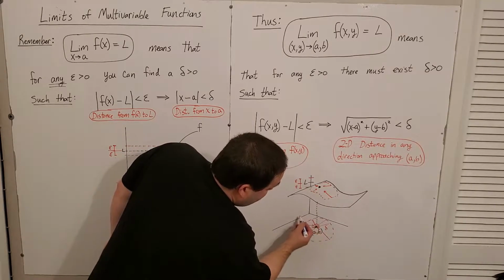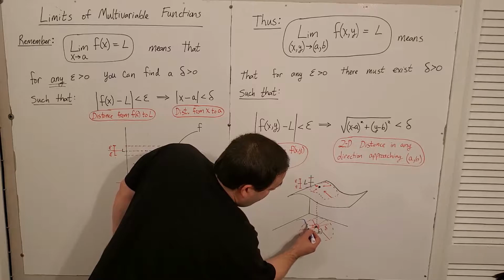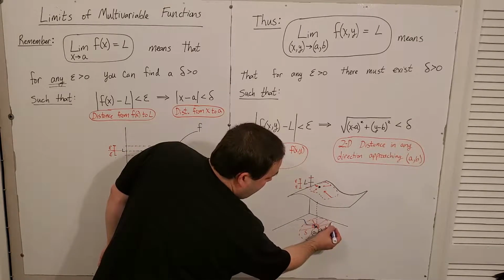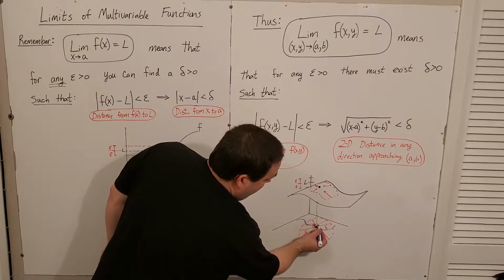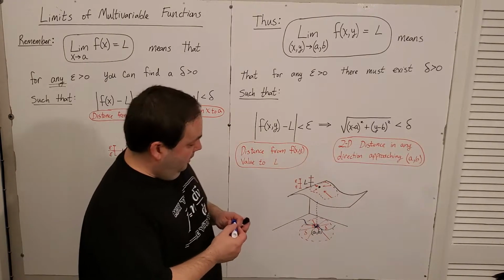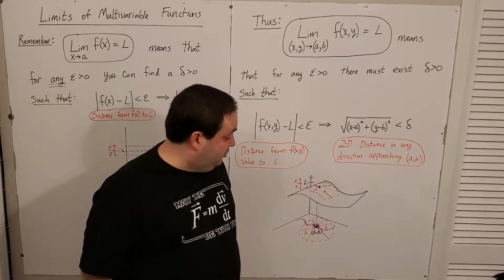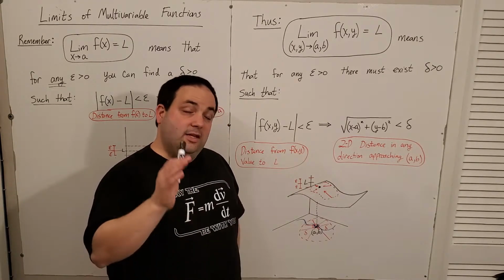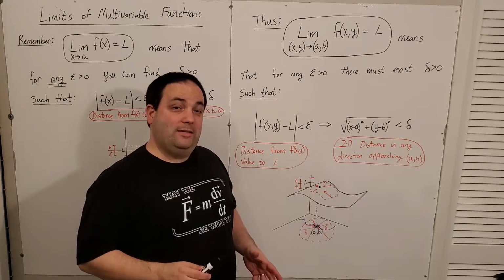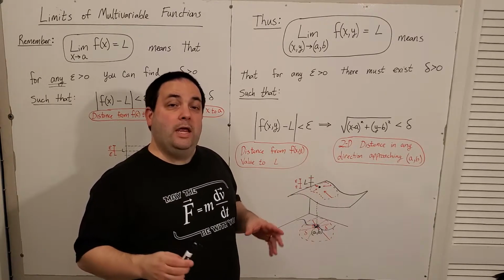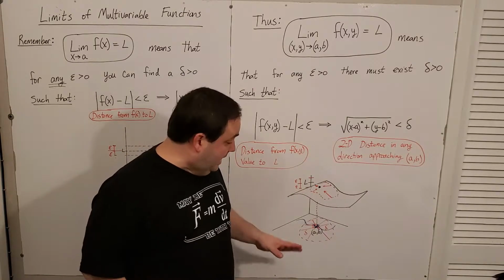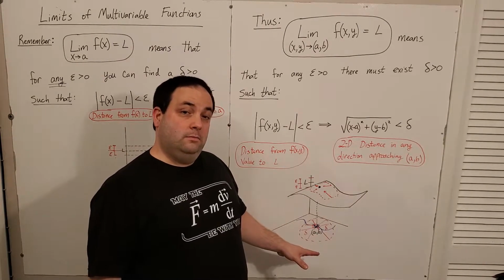I could also approach this with a sinusoid if I wanted to, or I could approach it with a parabola if I wanted to, okay? You don't have to approach things in straight lines when you're in this plane. You just have to say, as it approaches AB, the point, which is to imply all directions and all paths that lead to AB, okay?